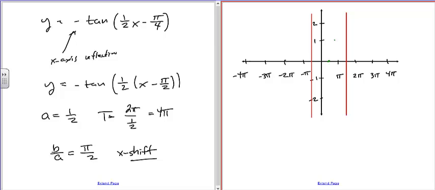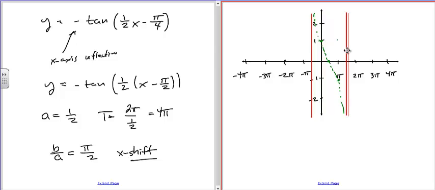So then we would normally be up here and down there, but we've got this x-axis reflection, so because this is on the axis, it doesn't get reflected. This point will go down here to -1. This is the intercept, this is +1, and so then we can draw in the tangent for half of the period.